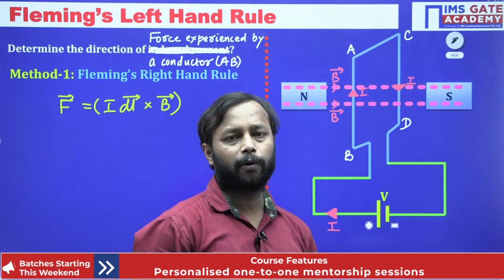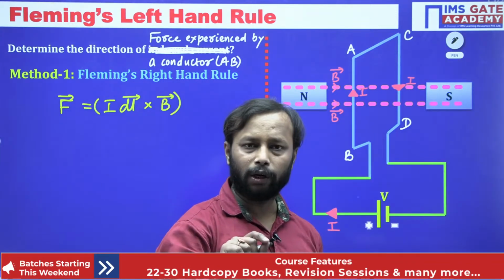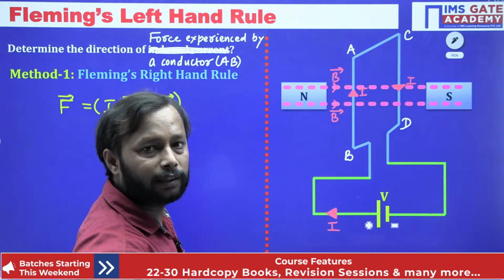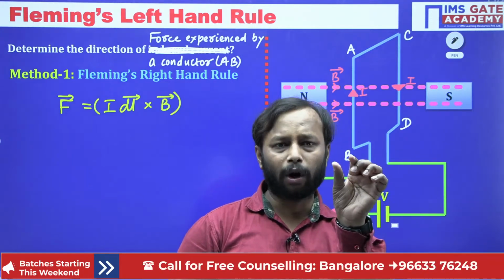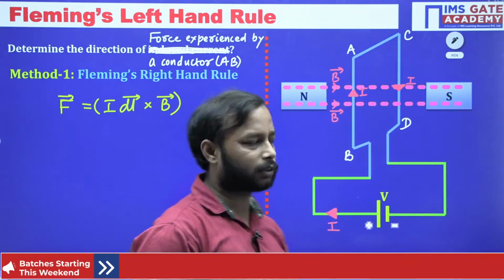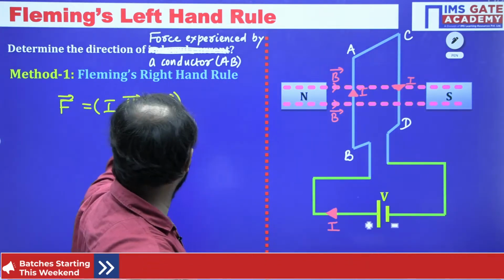Why? Because this dL is the conductor length, and a current can only flow in the conductor. So this is the reason why we always write I and dL, where dL is a small amount of length. So I and dL are always taken together, and this will give you the direction of force.